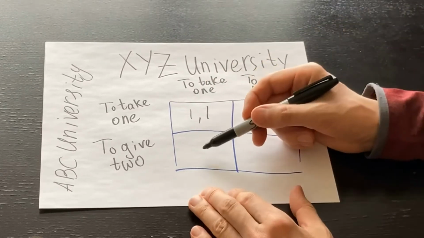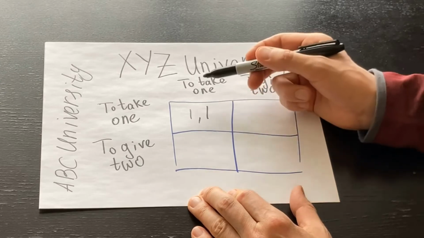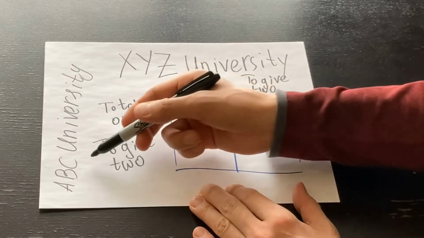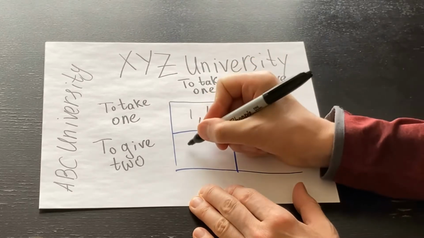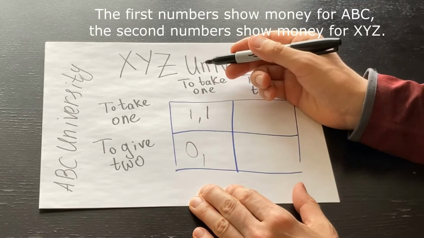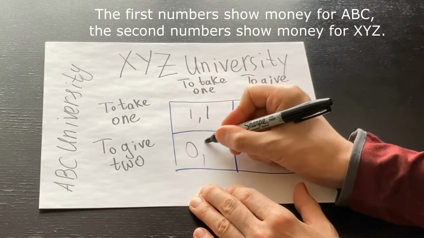And in this outcome, ABC University gives $2 million and XYZ University takes 1, so that ABC gets nothing and XYZ gets 1 plus 2, 3 million.